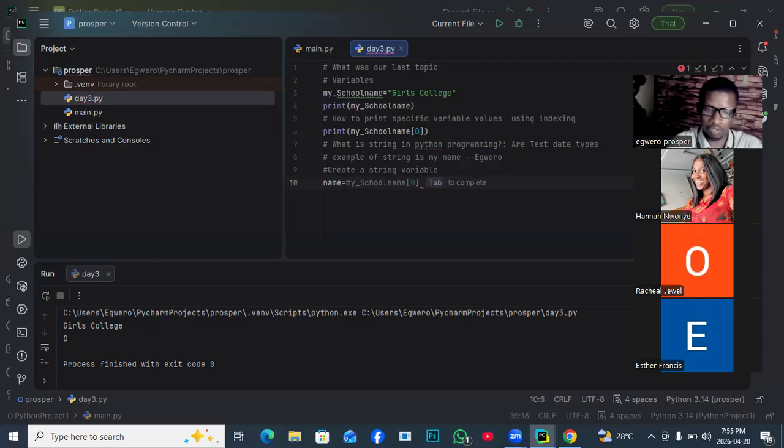Now, who can tell us how to store string in a variable? How do we store string or text in a variable? Please, I need a quick response here. How do we store string or text in a variable? It's part of what we did last time, only trying to refresh our memory.